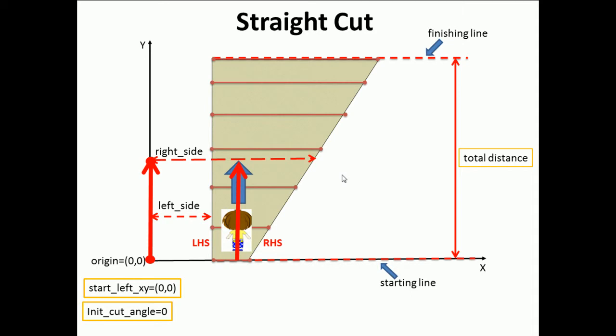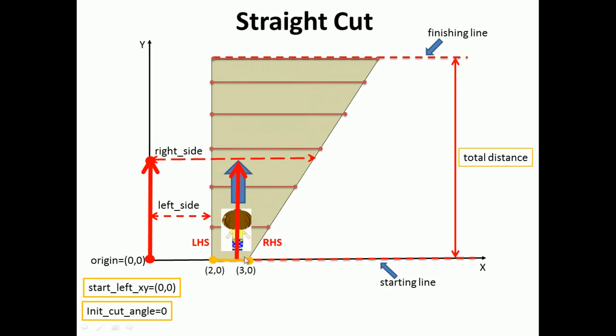Now let's define the left boundary and the right boundary of this block. These are the starting point. These are the finishing point. For the left boundary, the left side of the starting point is 2 micron. The left side of the finishing point is 2 micron.